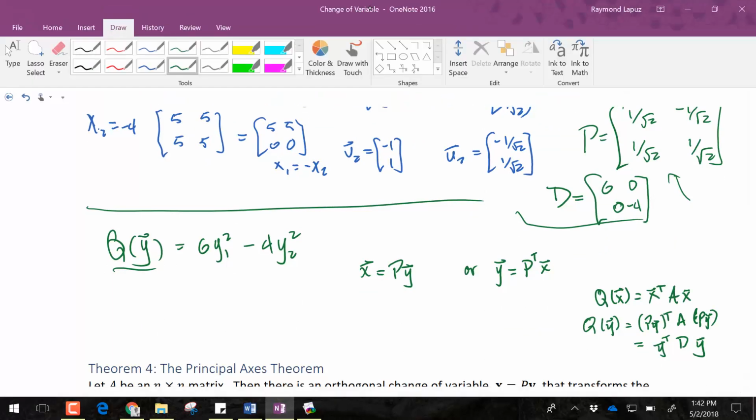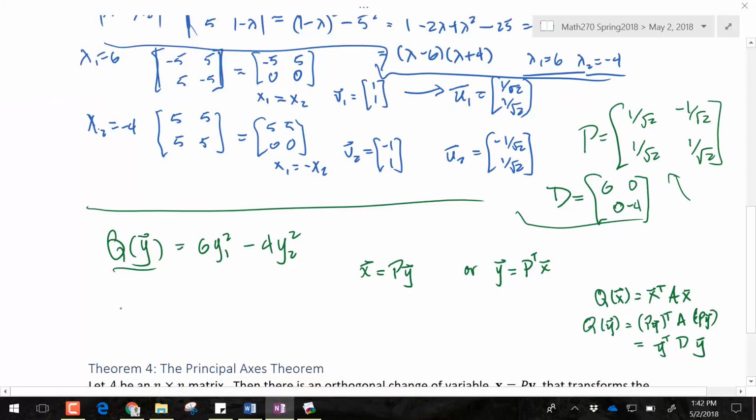Let's do this calculation over here. This is our e vector, a vector in y, and this is our P matrix. So apply 1, 0 here. What do we get? 1 over root 2 and 1 over root 2.